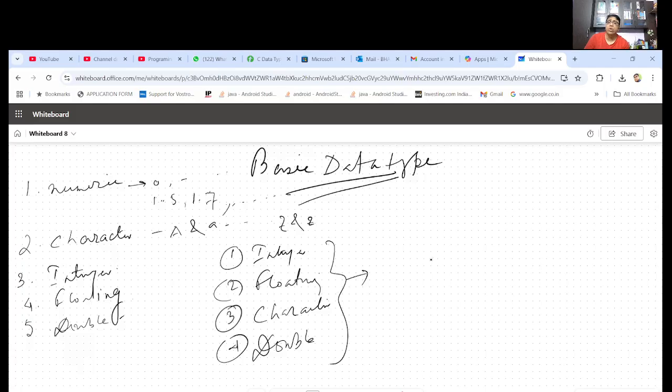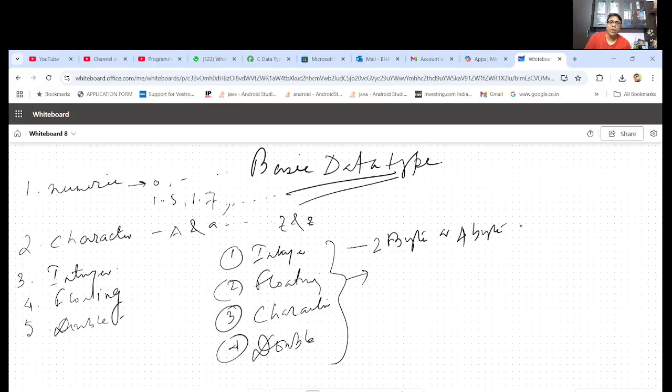Actually, double and float can seem the same, but for programming purposes it is important to know how much storage is required in memory. An integer depends on the compiler, it is 2 byte or 4 byte.